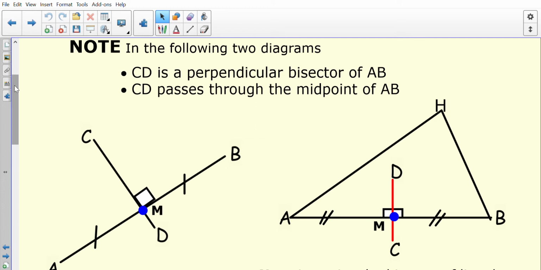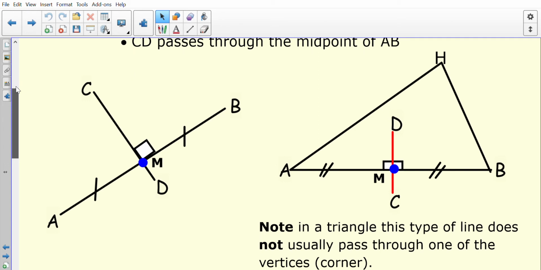On the left hand side, you see that isn't a triangle, and it cuts AB in half and is at a right angle to AB. And the right hand diagram is in a triangle. It cuts AB in half and has a gradient which is perpendicular to AB.